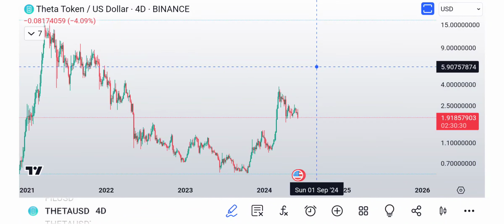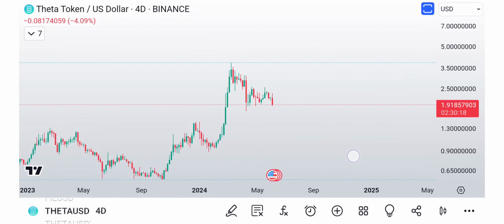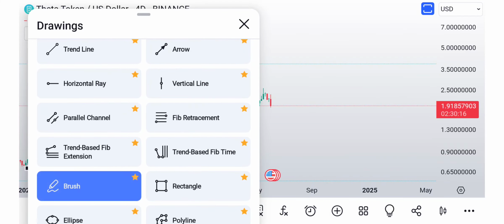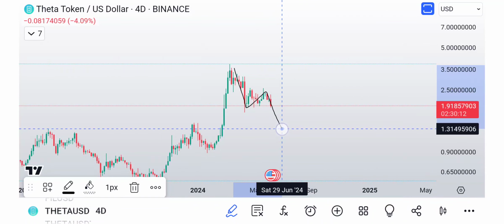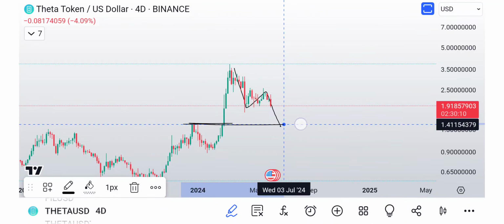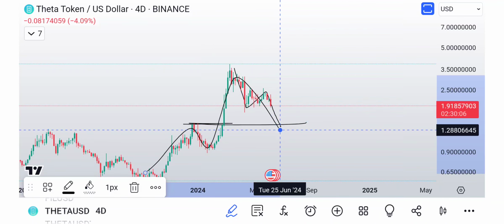Now, that idea is still fully intact, and it's still my main idea, and wave 4 isn't finished yet. So basically we're waiting for wave 4 to finish. Now, if this is A, this is B, and then we come down for C and we back test in here, then what we have is a 1, 2, 1, 2, right?